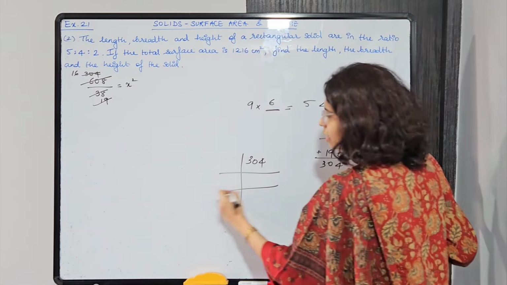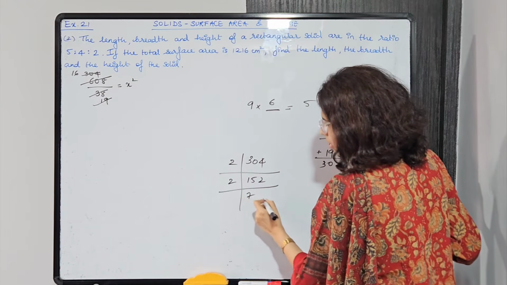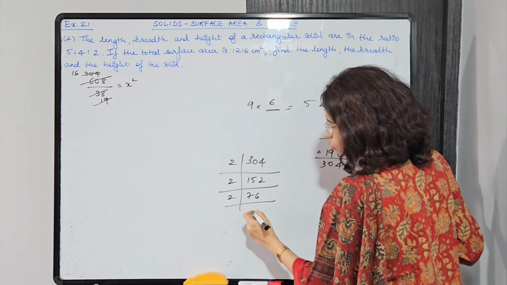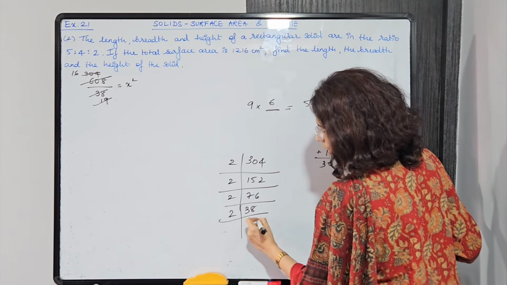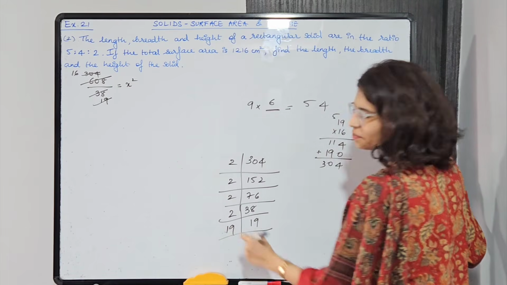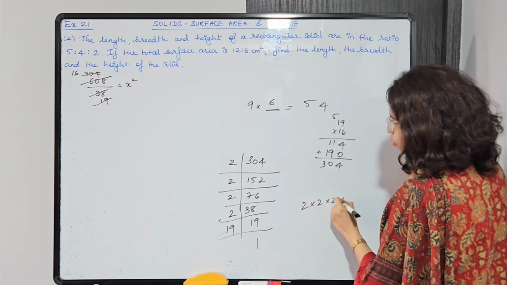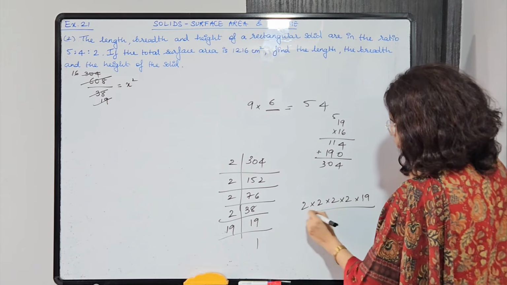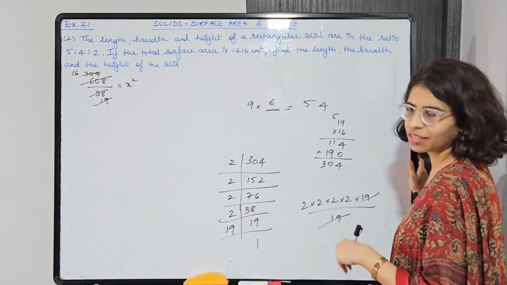So when you will factorize 304, 2 15 जा 2 जा 2 7 जा 6 जा 2 38 जा 2 19 जा and 19 1 जा. So numerator में you are getting 2 into 2 into 2 into 2 into 19 upon 19. 19 cancel हो गया. This is 16, right?